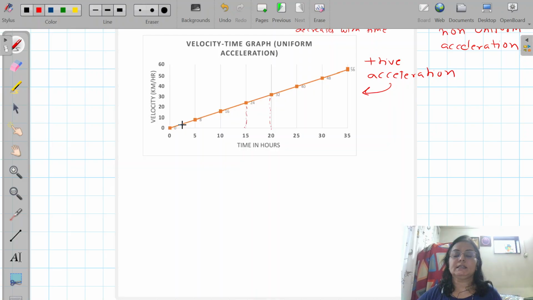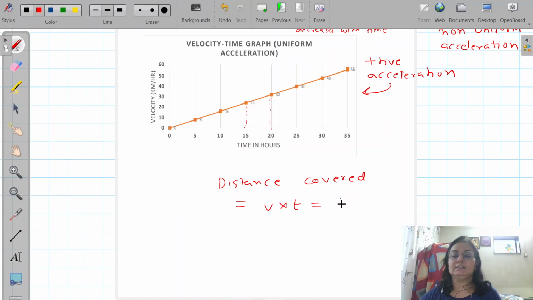We saw it in the last graph. So distance covered will be equal to velocity into time.